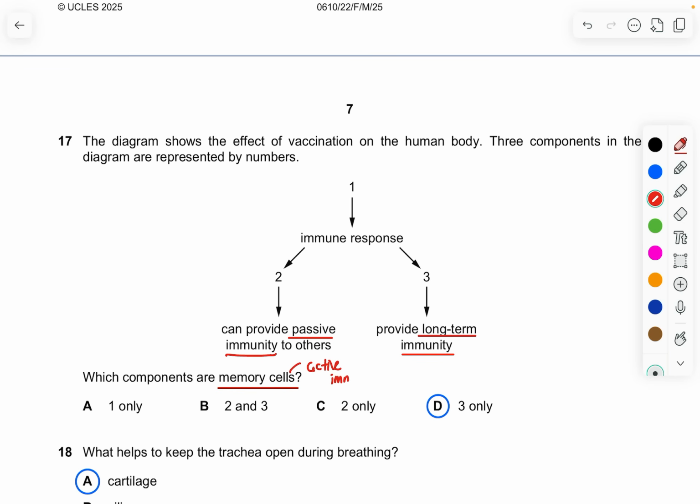Active immunity is very important for any secondary immune response. Anything about secondary or memory is where you keep and remember, all preparing for long-term immunity. So the answer for this will be 3, because passive immunity will not be able to give memory cells, and therefore won't provide any long-term immunity.